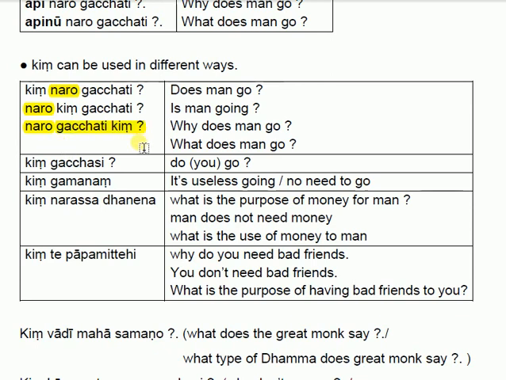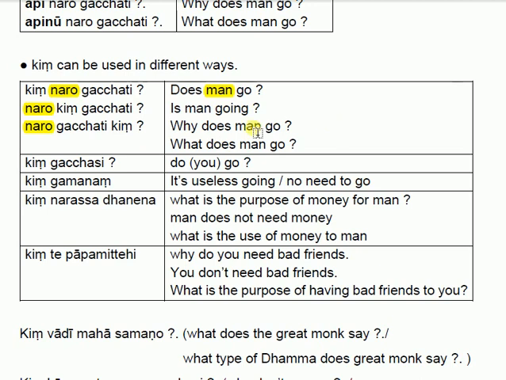You see, the places of kim and naro can be changed. Whatever the place, the meaning is the same. It can give all these four meanings: does the man go, or is the man going, or why does the man go, or what does the man go.